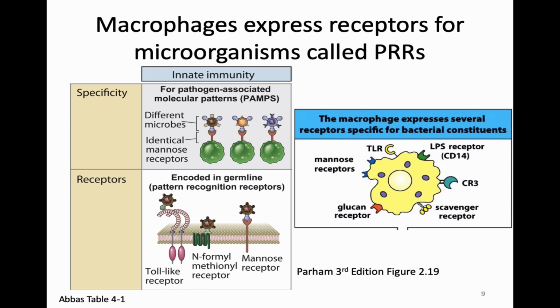One major, or the main group of those receptors that we are going to talk about are a group of receptors known as PRRs. PRRs stand for pattern recognition receptors. And so our macrophages will have PRRs that allow them to bind components from the microbe.